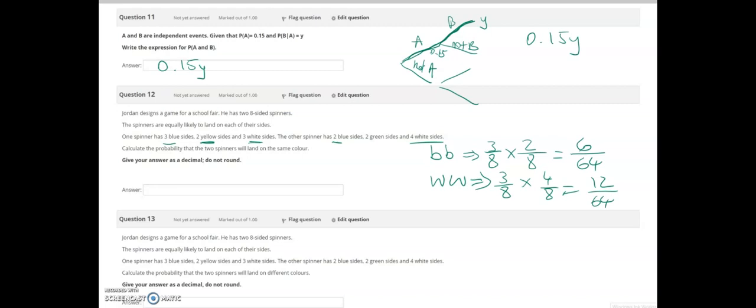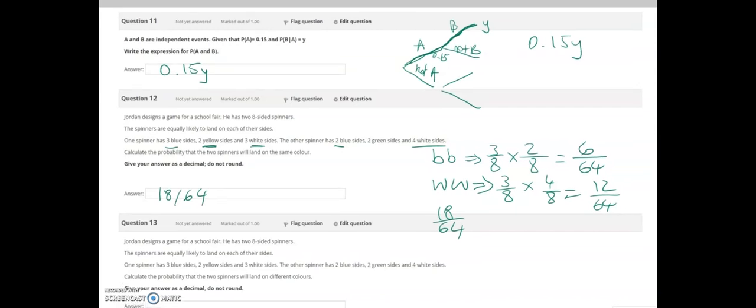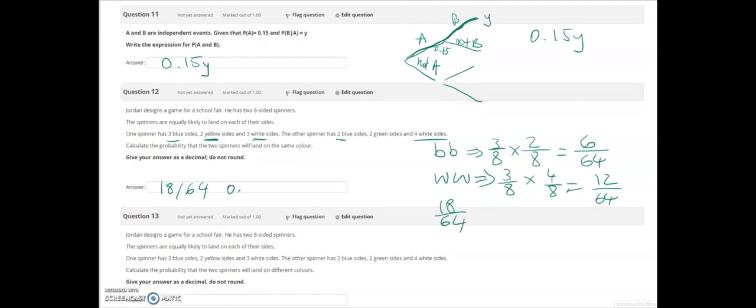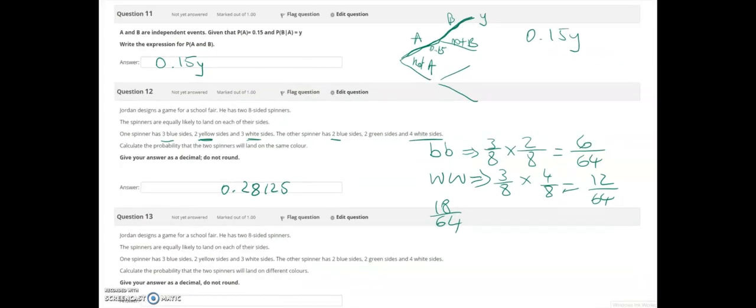Adding them both together, that gives us 18 out of 64, which is equal to 0.28125. I'll have to take away the fraction.